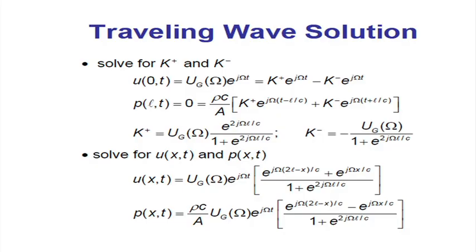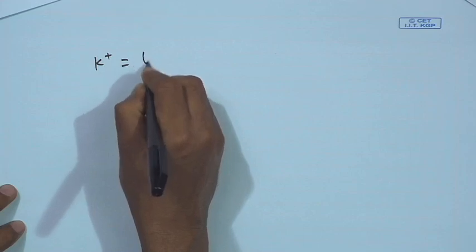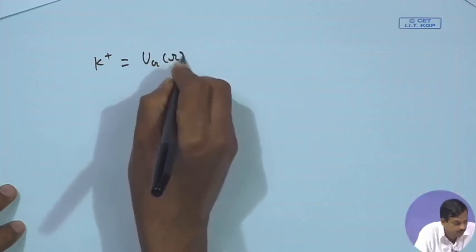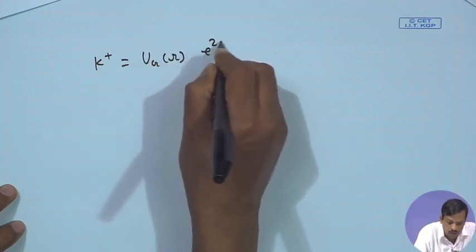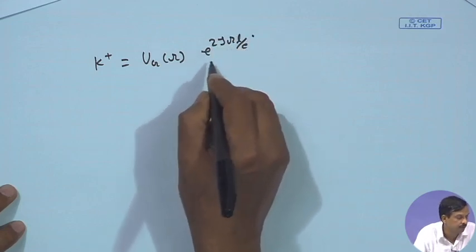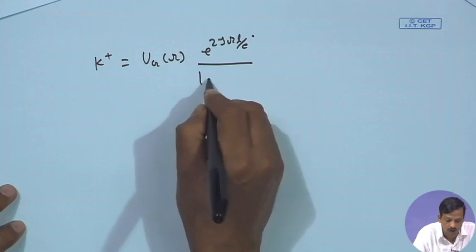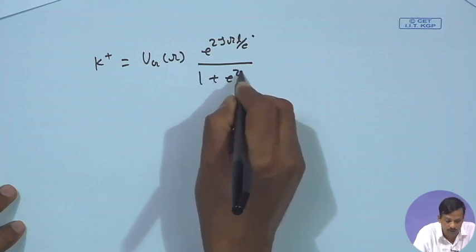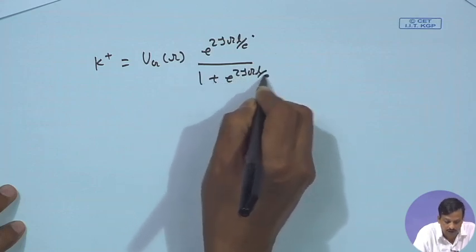So, k plus will be equal to u g omega e to the power 2 j omega L by c divided by 1 plus e to the power 2 j omega L by c.